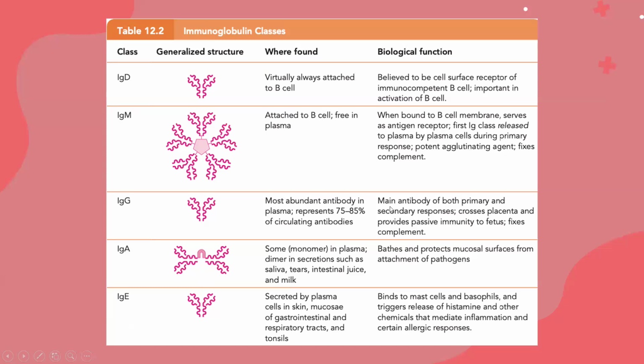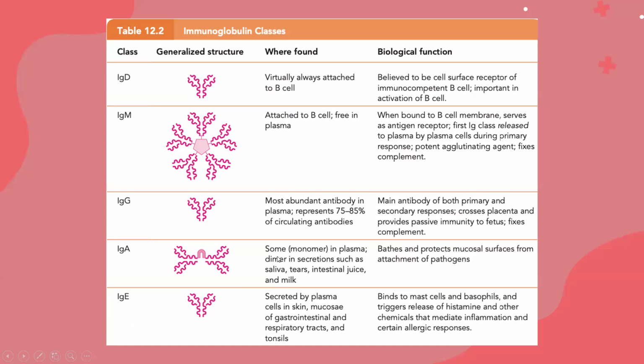They maintain or they are the main antibody of both primary and secondary responses. And because it's so small, it can cross the placenta and provide passive immunity to the fetus. Okay, so si IgG lang yung nakaka-pass through the placenta because it is very, very small.